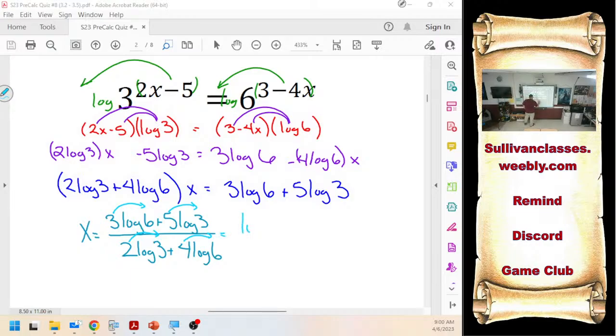This becomes the log of 6 to the third by 3 to the fifth, which is 216 by 243. I ain't doing it. Too tired. Log of 3 squared by 6 to the fourth, which is 9 by 1296. Still not doing it. I'm tired.